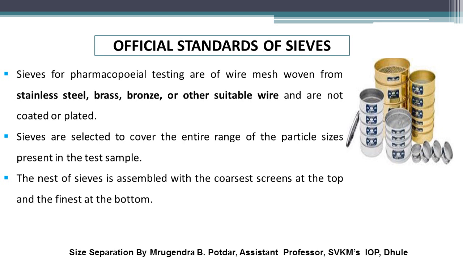Sieves are selected to cover the entire range of particle size present in the test sample. The nest of sieves is assembled with the coarse screen at the top and the finest at the bottom. When we go for size separation with the help of sieves, we arrange a set of sieves in ascending order.